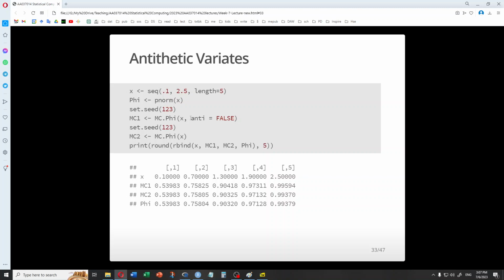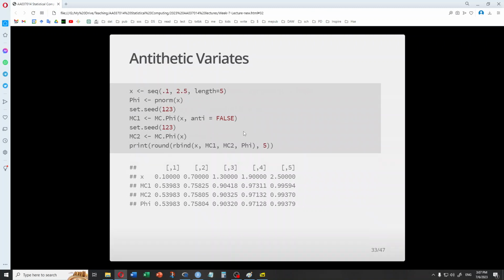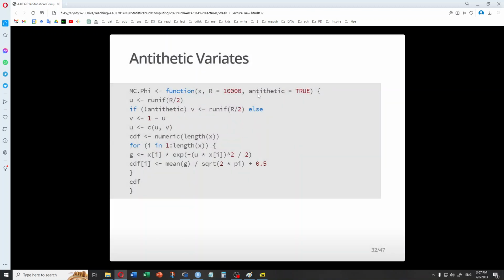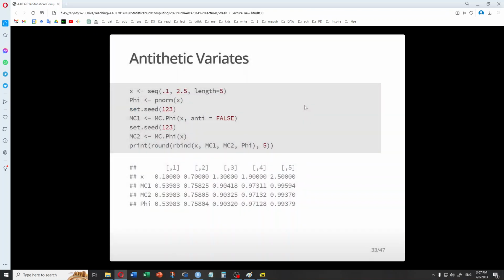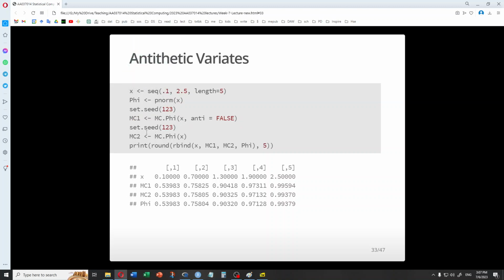Some of you might ask, is it okay if we just put anti? I think R is quite smart. When you define this function, you put it as antithetic, and there are only 3 parameters here, so when you put anti, it already knows that it corresponds to this one. This one is the Monte Carlo estimates without the antithetic variates, and the second one is with the antithetic variates.